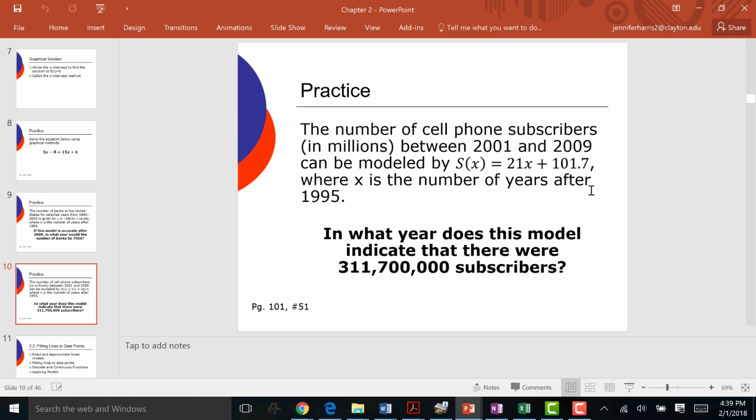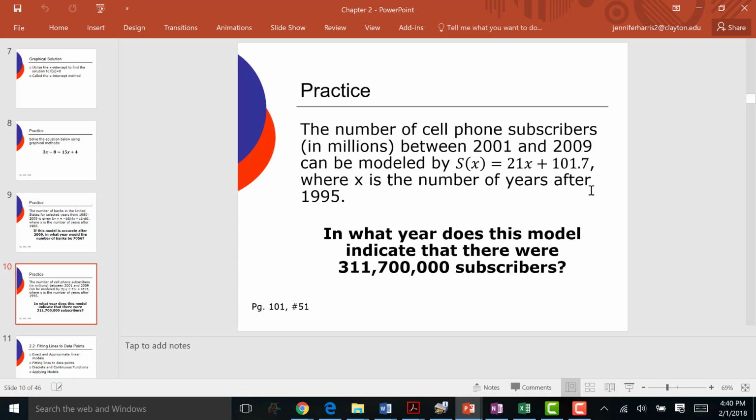So I need a decimal right there. 311.7 million. If there's another number there, like we have that 7, you've got to put a decimal in front of that 7. How did you know to do that? Look at your equation. If they ain't got no big numbers, you can't use big numbers. So model that. And in the example in the homework, it would have shown you what they did.